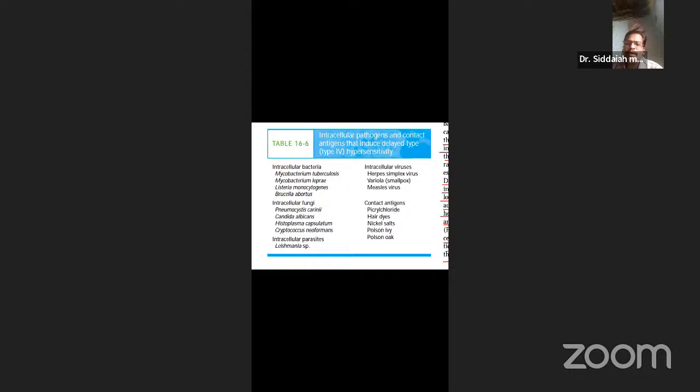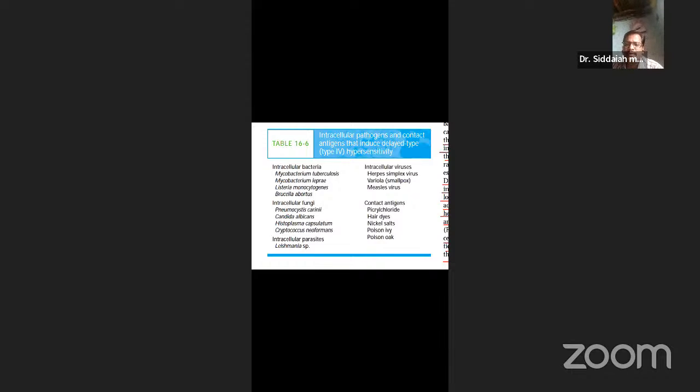These are examples of hypersensitivity fourth inducing antigens or viruses. And some contact antigens, ferric chloride, hair dyes, also sometimes create the problem. And nickel salts, poison ivy, poison oak. These are some plant substances.